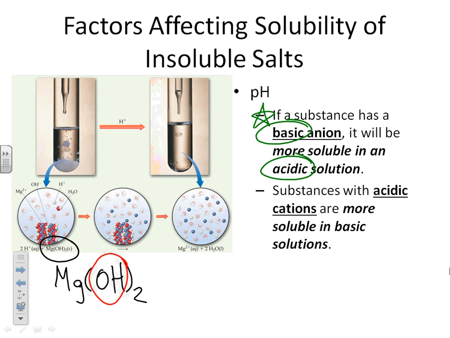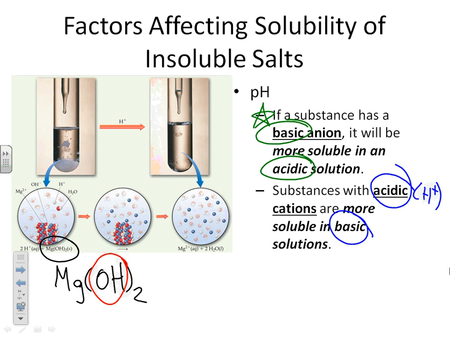And then the opposite is true. If we have a salt that has an acidic ion, typically a cation, because acidic means H+, so we look for something positively charged, then it's going to be more soluble in basic solutions because acids react with bases. How that increases the solubility is what we're going to be talking about on the other page, but that's what we want to think of.